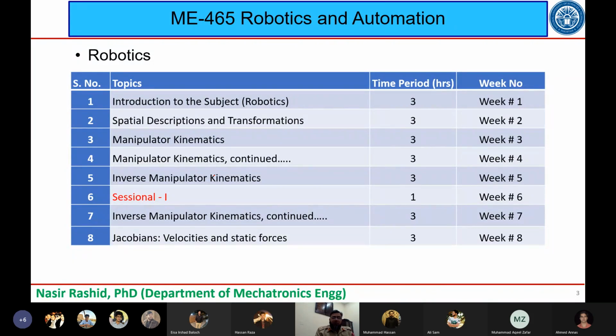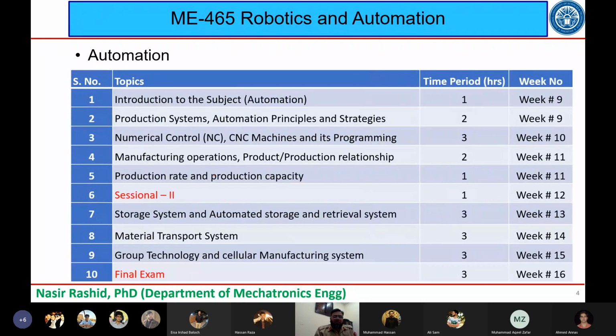We would be mainly dealing with manipulators. What are manipulators? I will explain that in this lecture. But as an overview, I will tell you what types of robots are available and how they operate.